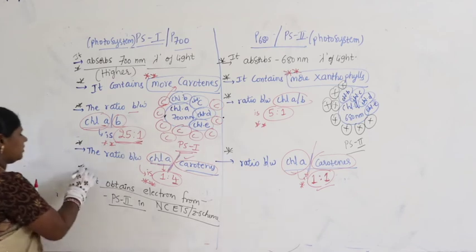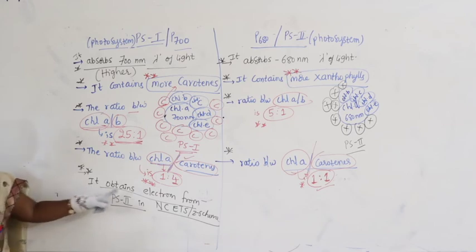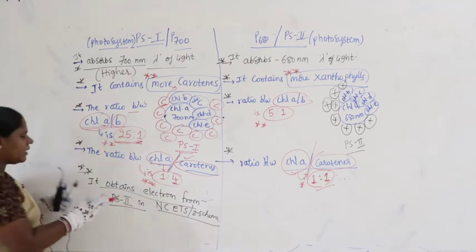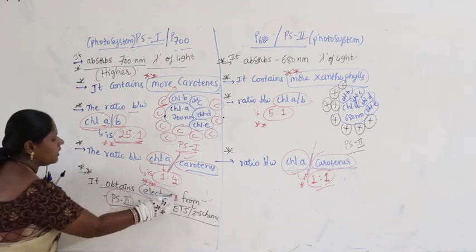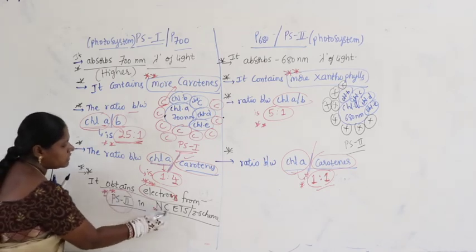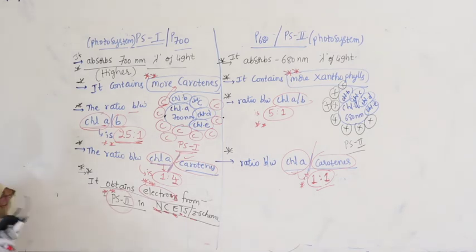Very, very important. What is the meaning here? PS1 will get electrons from PS2, in the non-cyclic electron transport system, which itself is called the Z scheme.